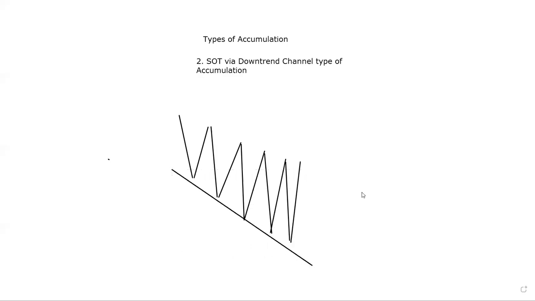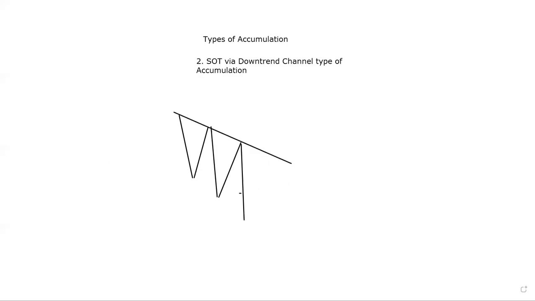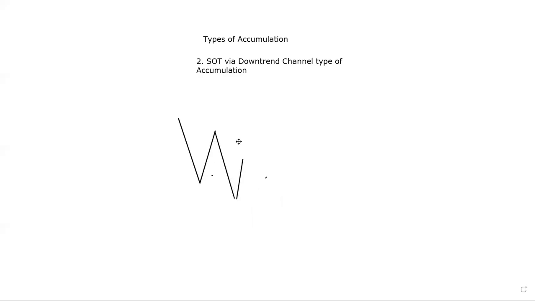Not like this. Sorry. Hold on. It's a little bit hard to draw. Here maybe. Got it. This is SOT line, right?